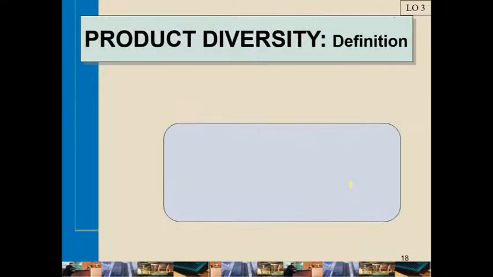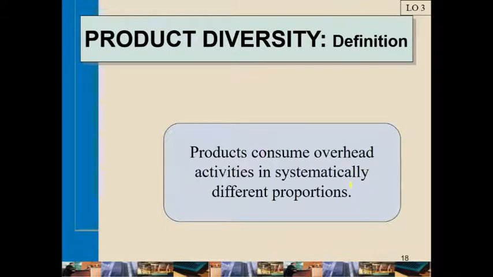Now, another thing is we have product diversity. So, this is when products consume overhead activities in systematically different proportions. Now, systematically different proportions because, again, your product is diverse.